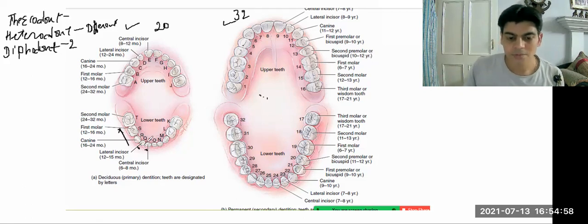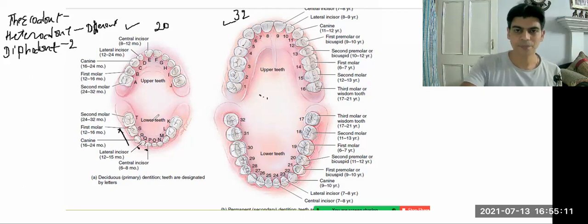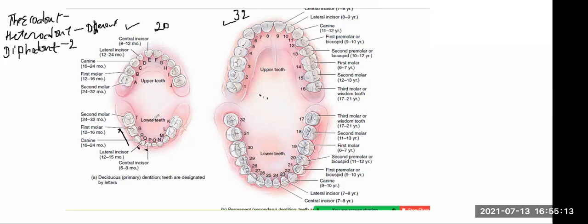So the function of this tooth basically is to pierce into the food. It cuts into the food. That's basically the function of these incisors, and we have a total of 2 incisors.